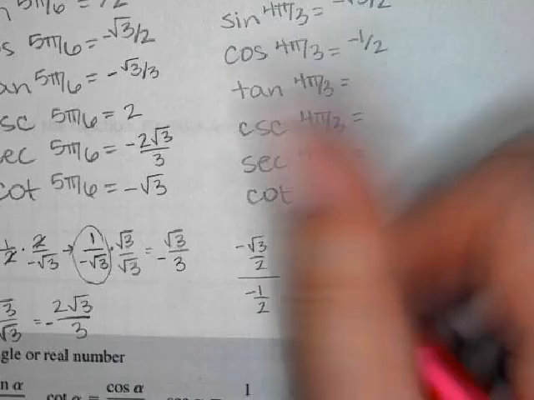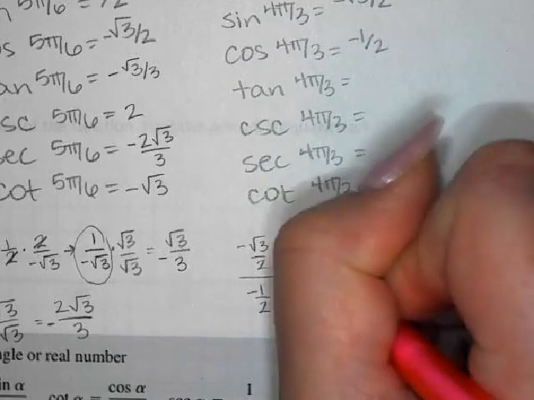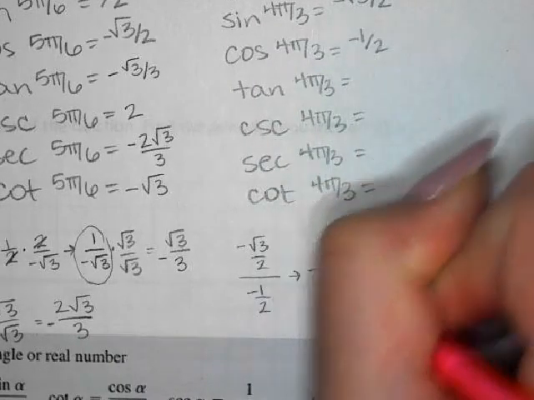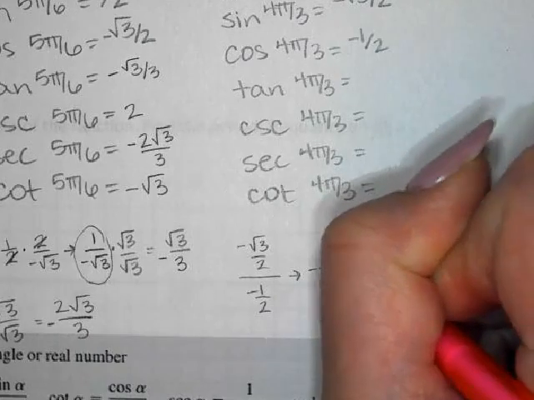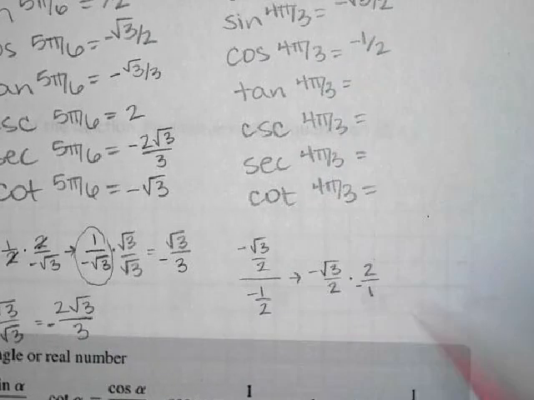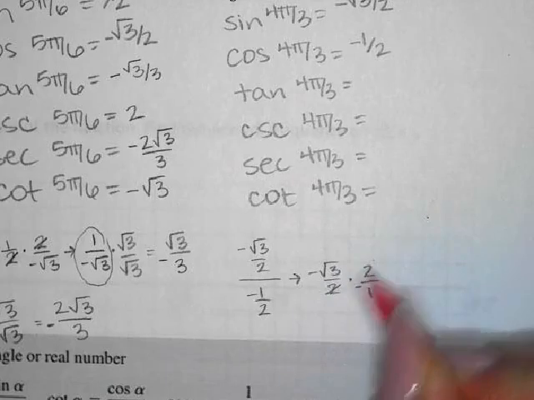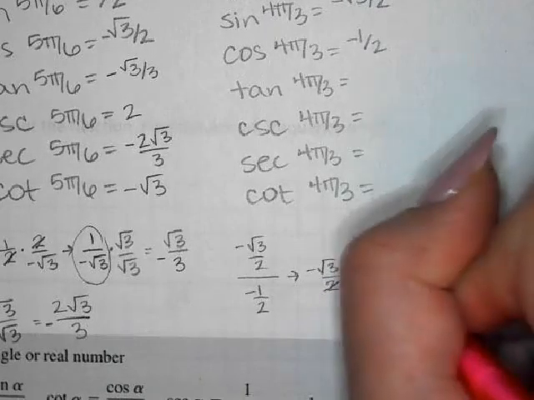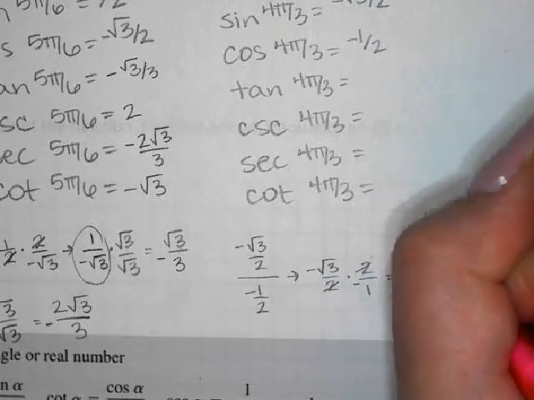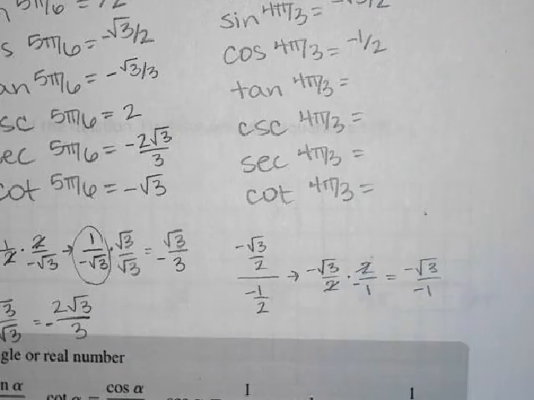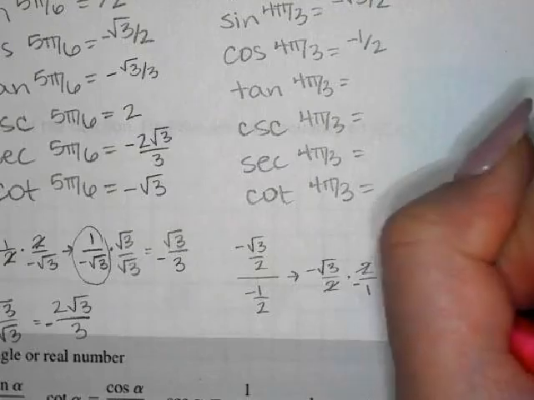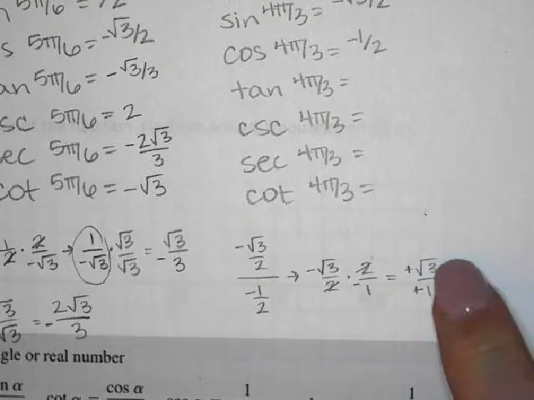Keep the top one. Multiply by the reciprocal. The 2's cancel. Negative root 3 over negative 1. I guess I could have canceled the negatives right here, but the negatives cancel. And I end up with root 3 over 1, which is just root 3.